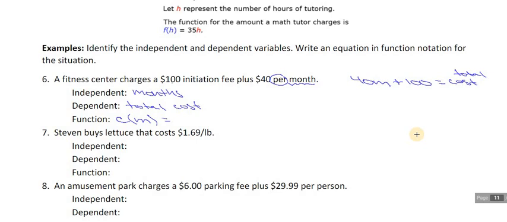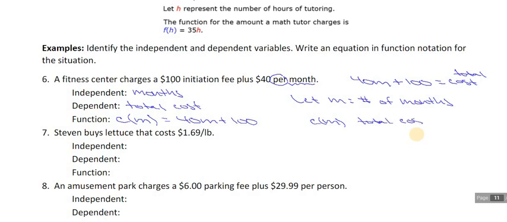And write then our expression is equal to 40m plus 100, where our m equals number of months. And technically c of m is equal to the total cost. So the C kind of referring to cost based on m number of months.